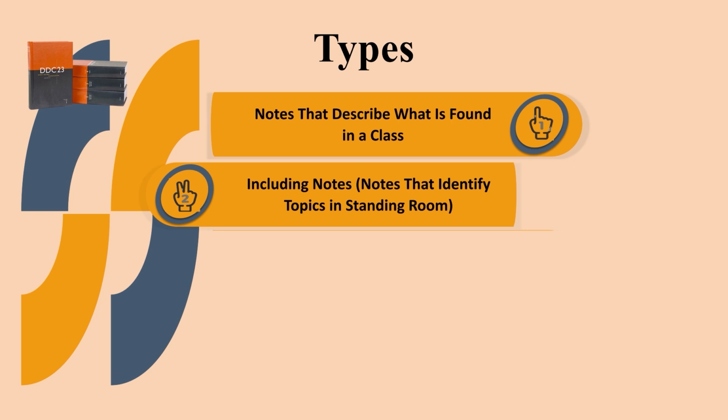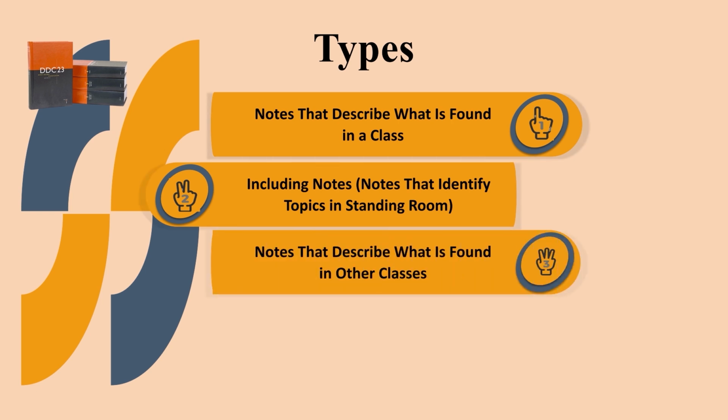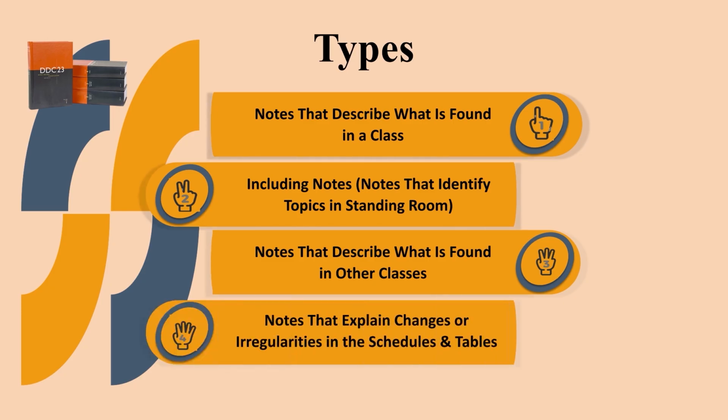Thirdly, notes that describe what is found in other classes, meaning they try to make a relationship between two different classes. And finally, notes that explain changes or irregularities in the schedule and tables, meaning the changes in a particular class or the changes of verbal extension of a class are identified by this type of note.